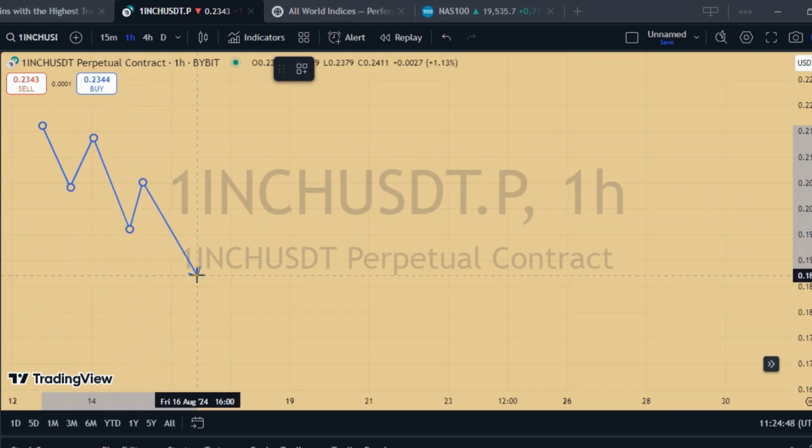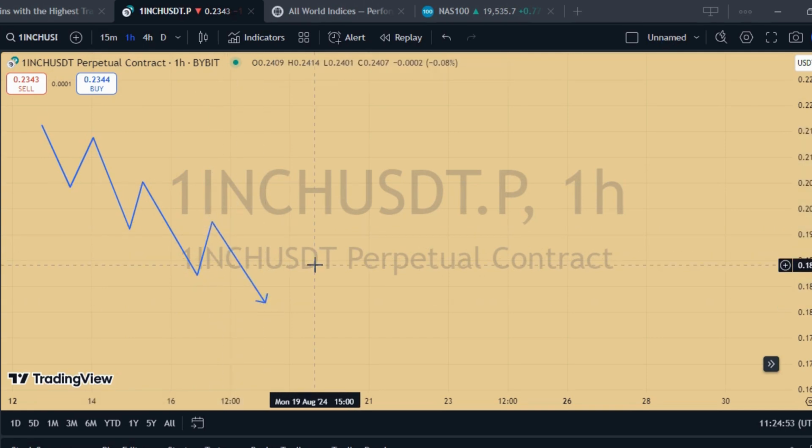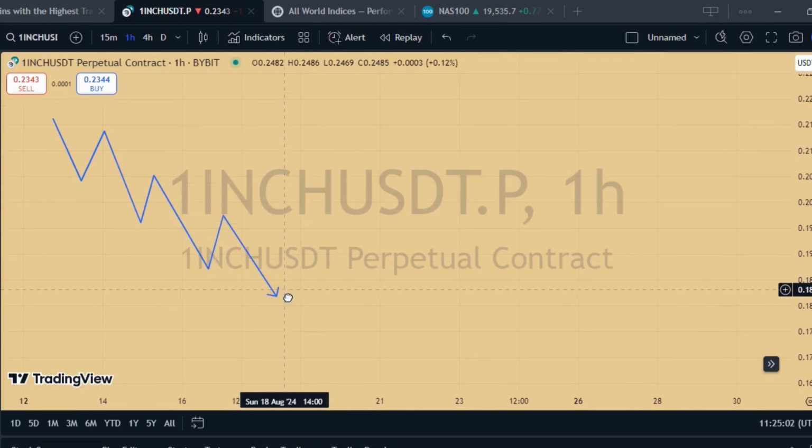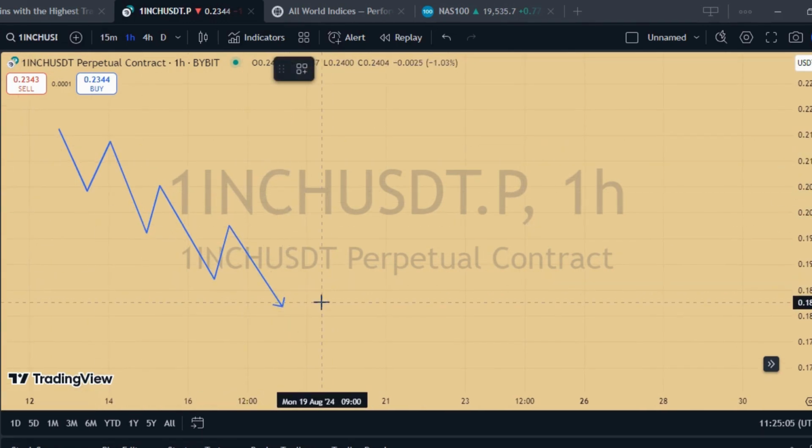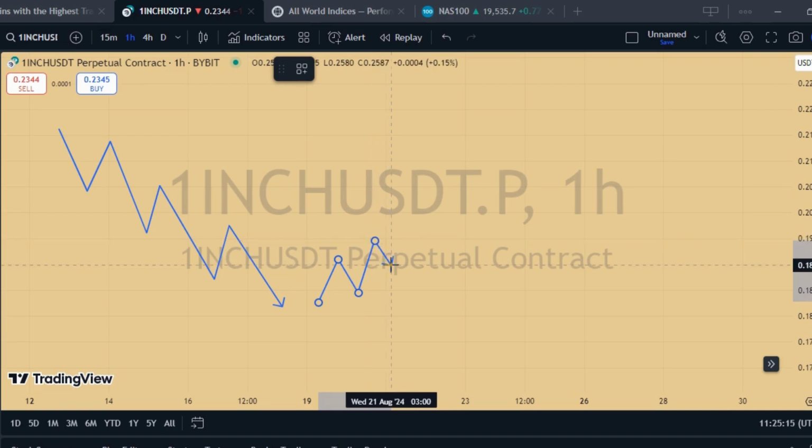And coming down to lower time frames such as 1 hour and 15 minutes, we are actually seeing a trend like this. And if you know, this is actually an uptrend.